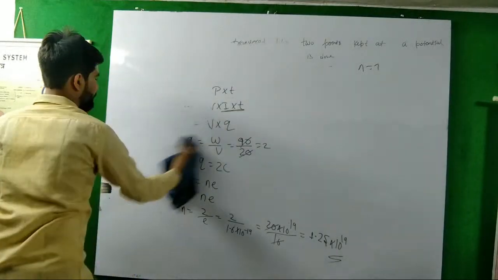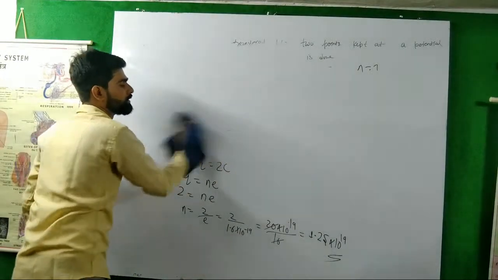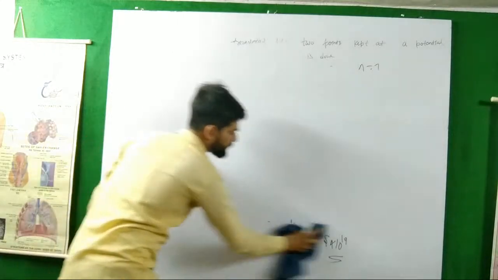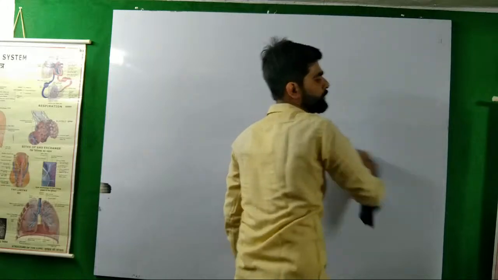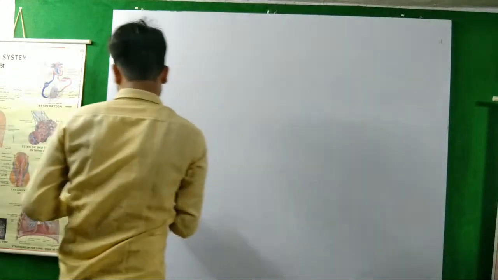An electric lamp of resistance. We solve only numericals. Today we solve only numericals of current electricity, and in the next video we provide the selected questions.